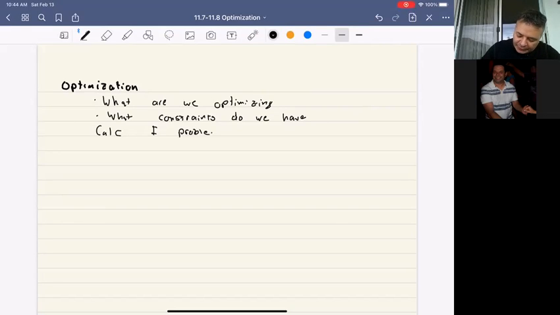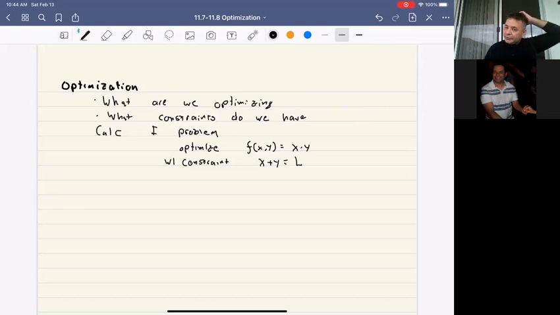We want to optimize x times y with the constraint that x plus y equals, let's say, L. So this is sort of maximizing the area of a rectangle with the consideration that you have a given perimeter. That's equivalent. So we're going to do this a couple of ways.